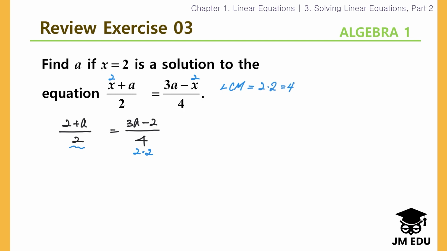So we're going to multiply all of this expression by 4, all of this expression by 4. So 2 times 1 is 2, 2 times 2 is 4.